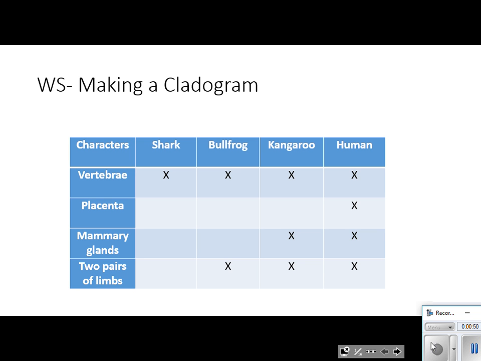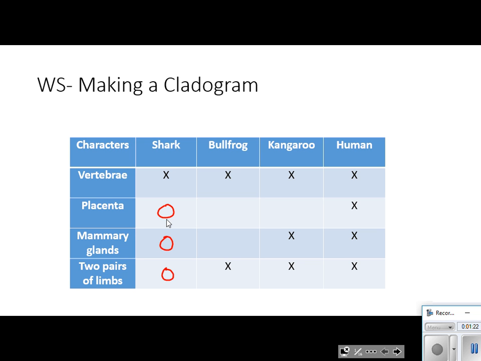Sometimes you might see zeros written in here. That 0 would mean that no, that particular animal does not have it. So if I read that 0, I say, okay, a shark doesn't have a placenta.